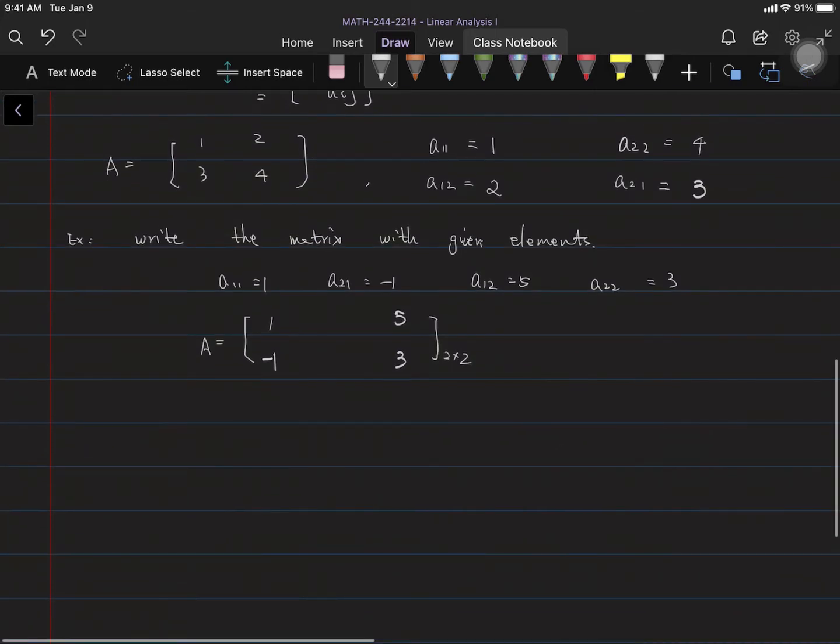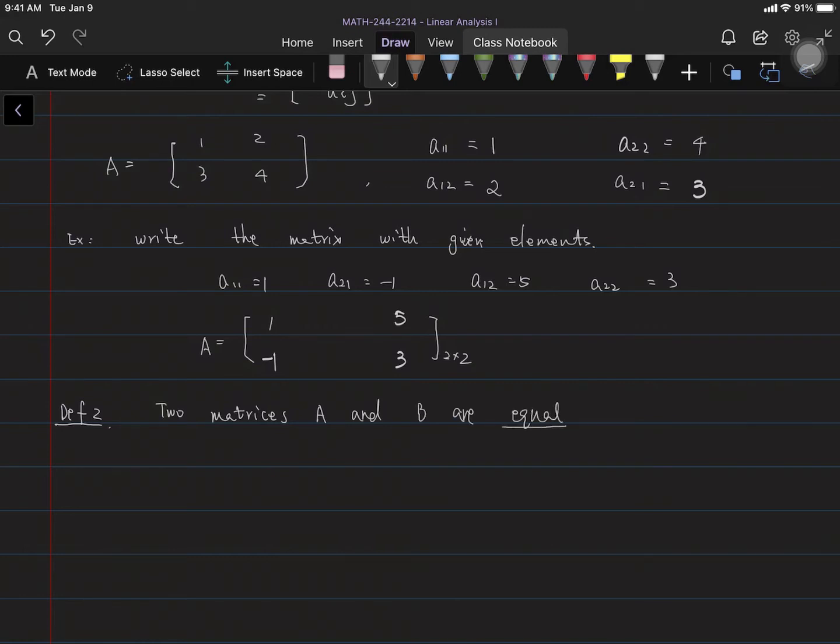Okay. Let's see, definition 2. Two matrices A and B are equal if all the elements are the same, and also those two matrices have the same size. So two matrices A and B are equal.